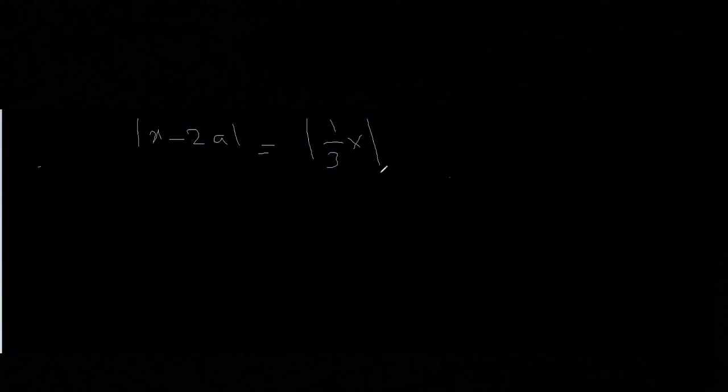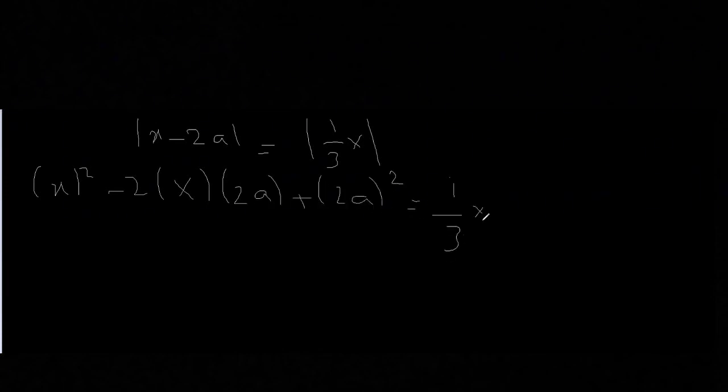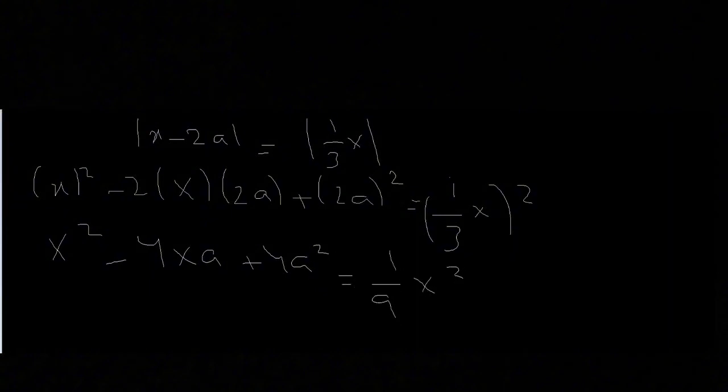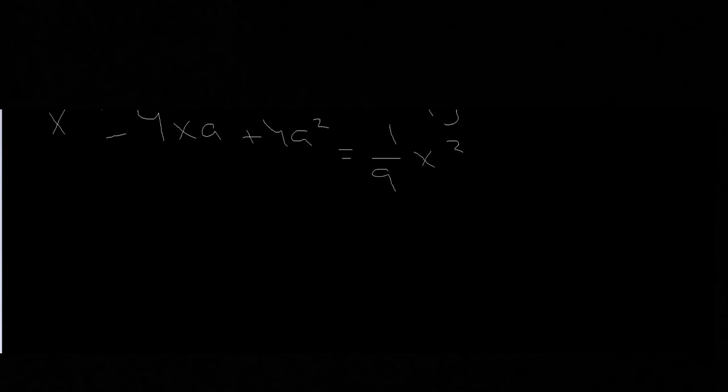In this type of question, we have to square both sides. x² − 2 × x × 2a + (2a)² will be equal to (1/3 x)². x² − 4xa + 4a² will be equal to 1/9 x². Take the 1/9 x² to the other side. So it's going to be 8/9 x² − 4xa + 4a² equals 0.